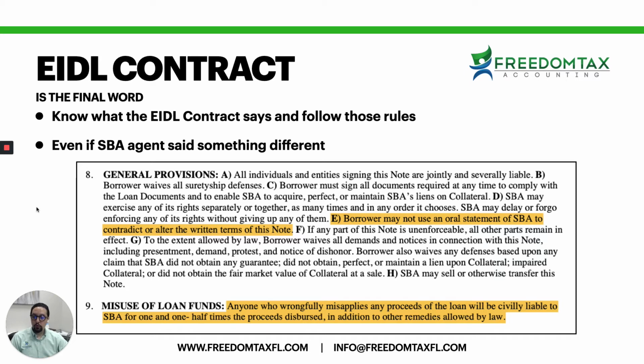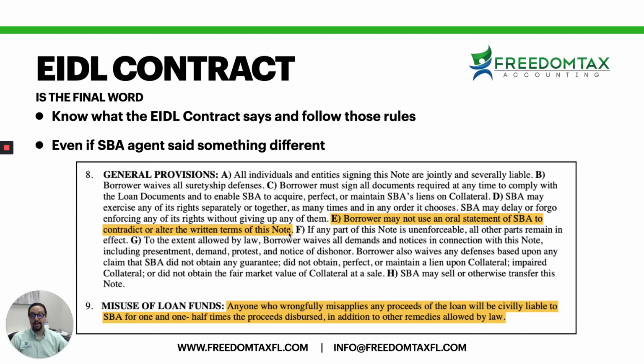You have to know what your EIDL contract says and follow those rules, even if an SBA agent tells you something different. This is taken from the contract itself, and there's a section that says that you may not use an oral statement of the SBA to contradict or alter the written terms of this note.